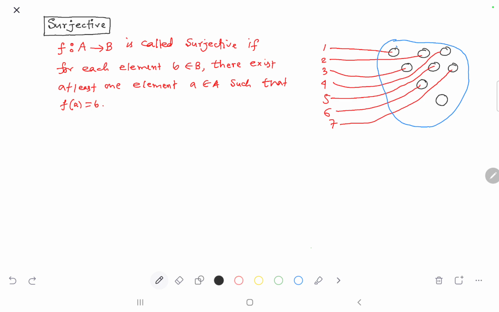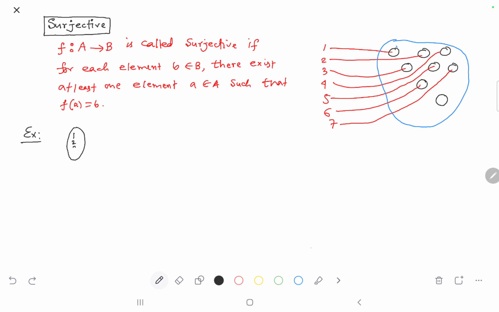Let me explain with two examples. For one example the map will not be surjective, and for the other the map will be surjective. Let me tell you by diagram.